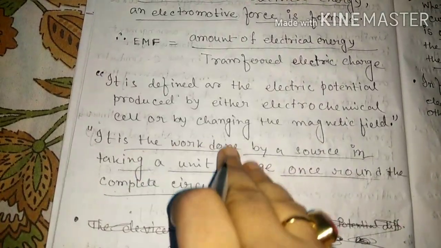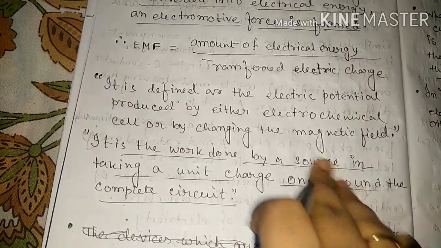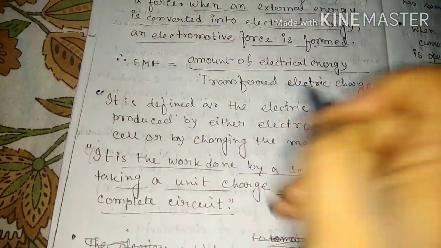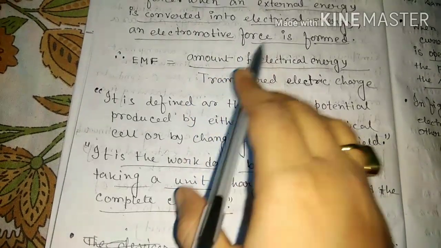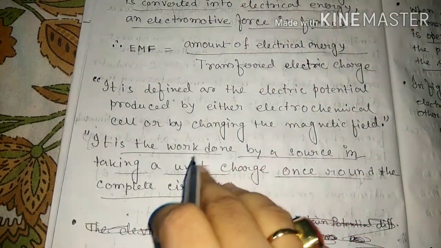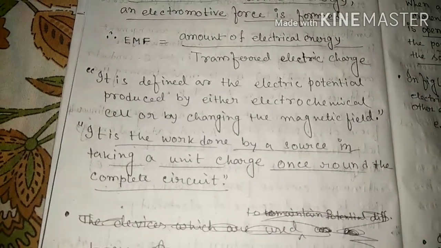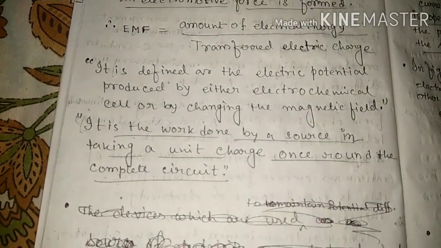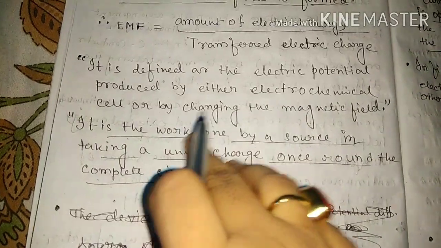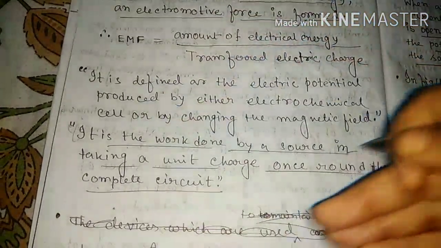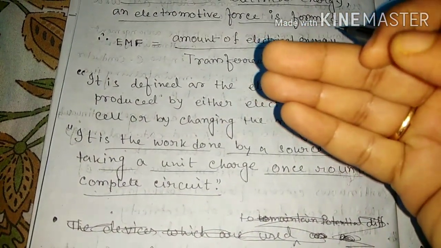Another way: it is the work done by a source, because work done is stored as electrical energy, which is why we say the amount of electrical energy. The work done by a source in taking a unit charge once round the complete circuit is called EMF.